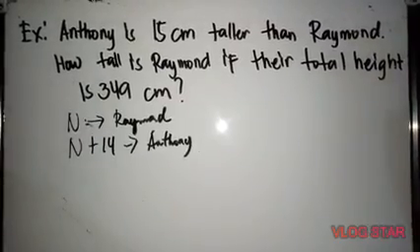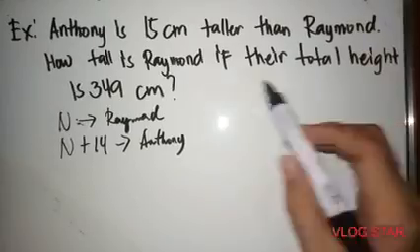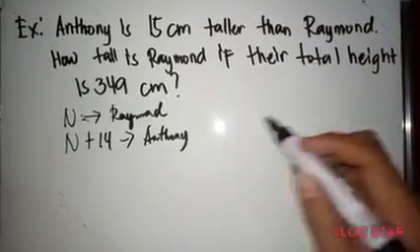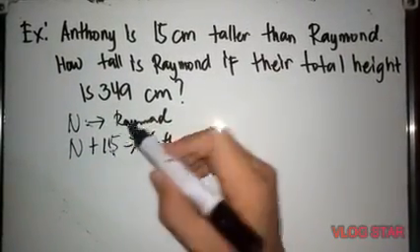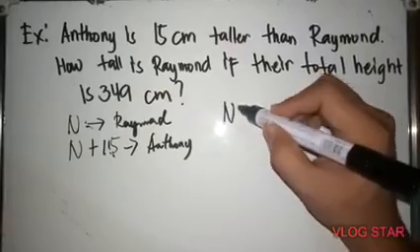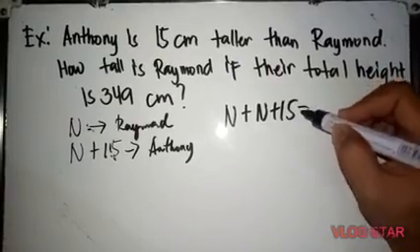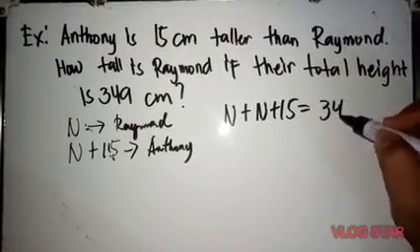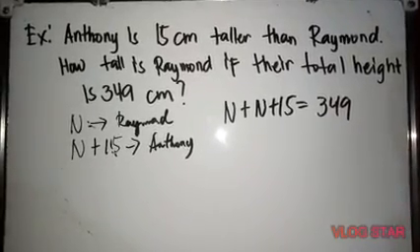So now we can write it in an equation, and their total height is 349. So this means that n plus n plus 15 is equal to 349. So let's find the value of n.